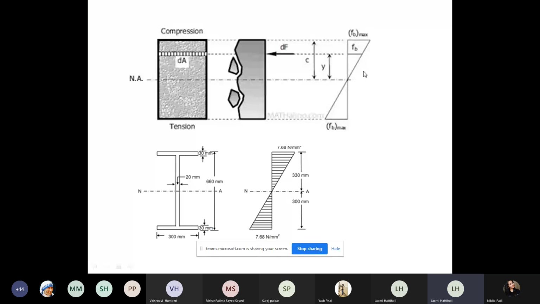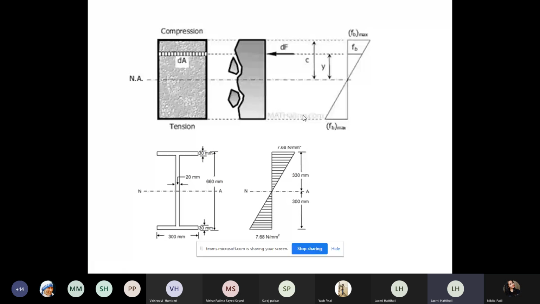It is 0 here. As you move to the top part, the bending stress is increasing. Similarly, as you proceed to the bottom part from the neutral axis, once again the bending stress is increasing, but it is reversed, just to show tension and compression, that's all.